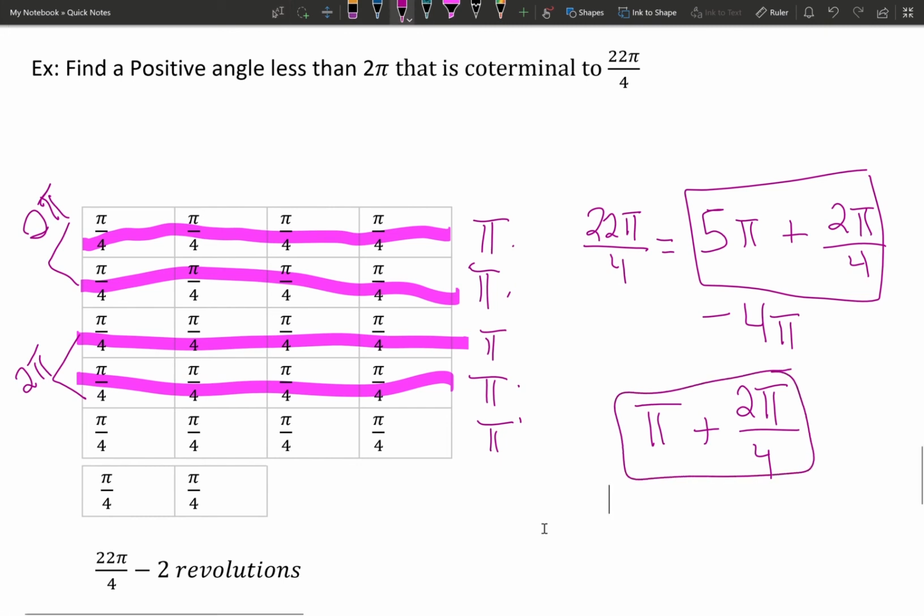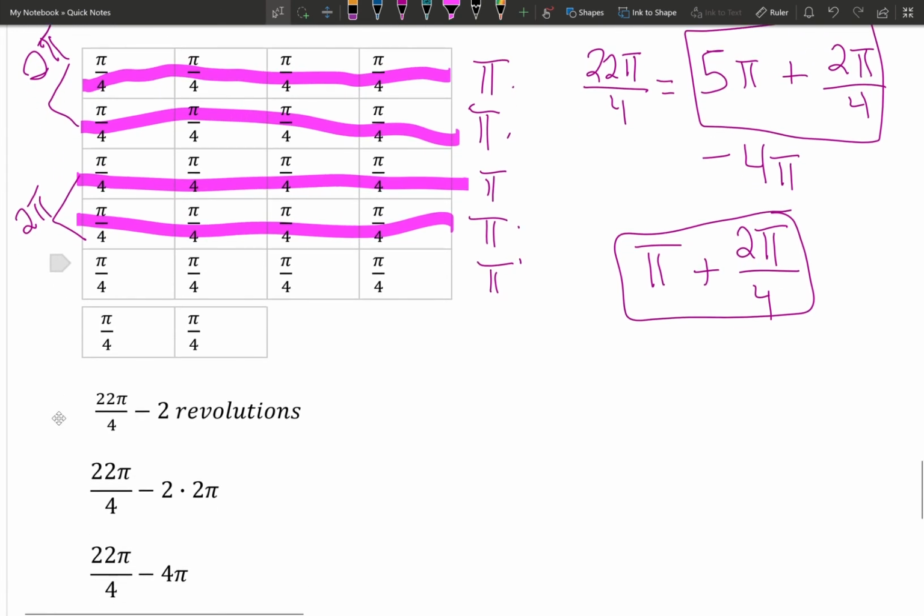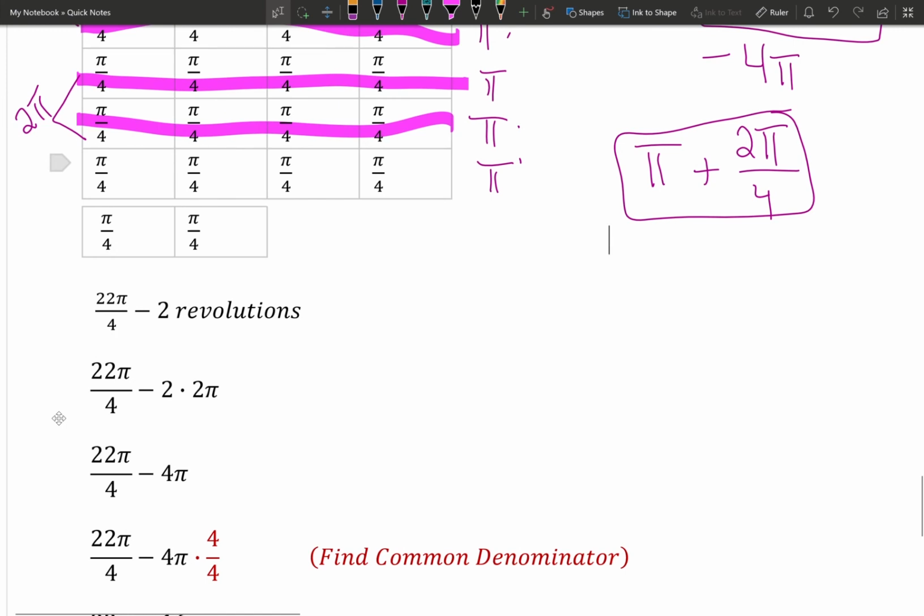So how do I show this algebraically? Well, I have 22 pi over 4, and I take away from it these 2 revolutions. Each revolution is 2 pi, so 2 revolutions is 4 pi. So I have 22 pi over 4 minus 4 pi. Subtracting fractions, first thing we should do is get common denominators.